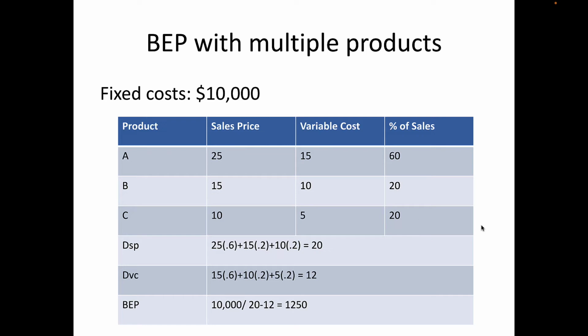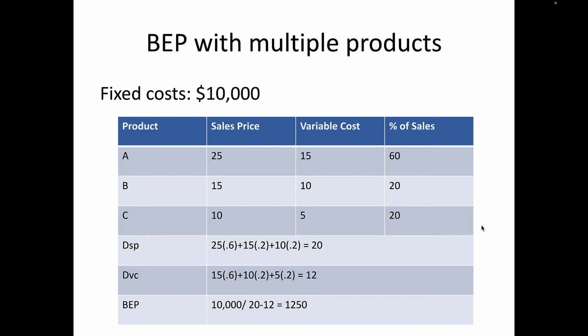Here I have a business that has $10,000 in fixed costs. We've got 3 products. Product A is $25, product B is $15, and product C is $10. What I need to know for multiple products, again, is that percentage of sales. So product A is about 60% of my sales, product B is about 20%, and product C is also about 20%.